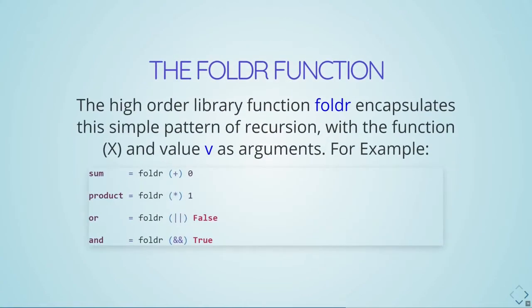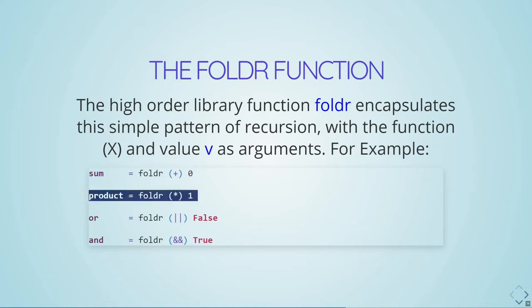To see how we would define each of those functions using foldr, we define sum as foldr plus 0. And notice I'm implicitly leaving out the arguments here. So sum does take a list as an argument. It would be sum of xs equals foldr plus 0 xs at the end. But because you just need to tack xs on both the end of the left-hand side and the right-hand side, you can just leave it out implicitly, because this is going to return a function that still takes a list as an argument.